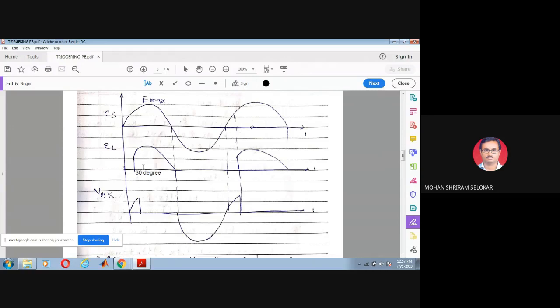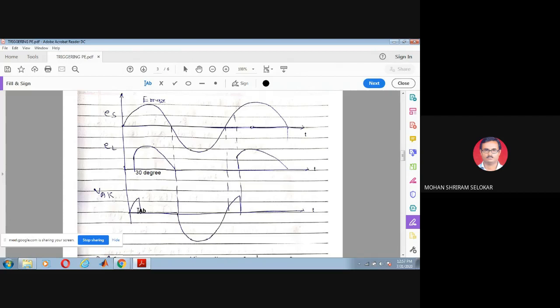Please be very clear that when SCR is off, load voltage will be zero, but there is some voltage, you can see VAK, which is equal to ES. So what I am saying is, when SCR is turned off, load voltage is zero, but voltage across the SCR is equal to the applied voltage.